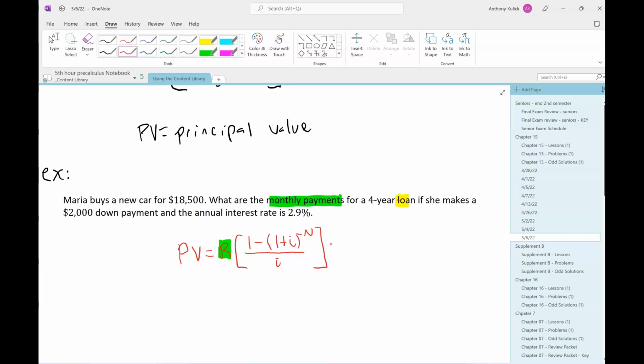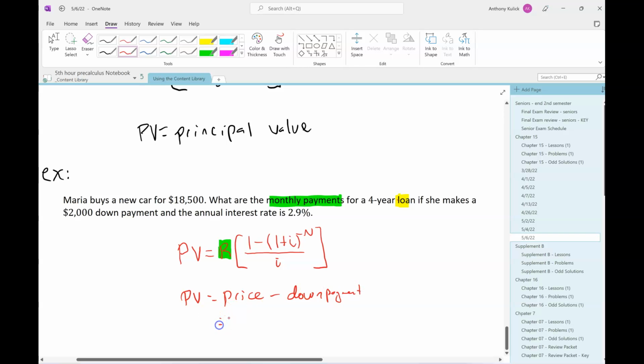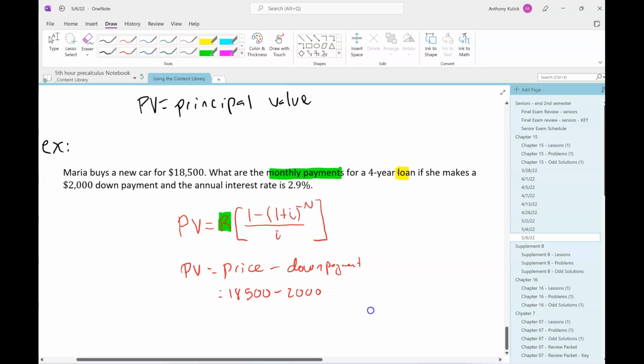So if you think about what happens when you buy a car, you walk in, you pay for some of it up front, that's the down payment, and then you borrow the rest. So our PV is going to be the price minus the down payment. So that's 16,500.